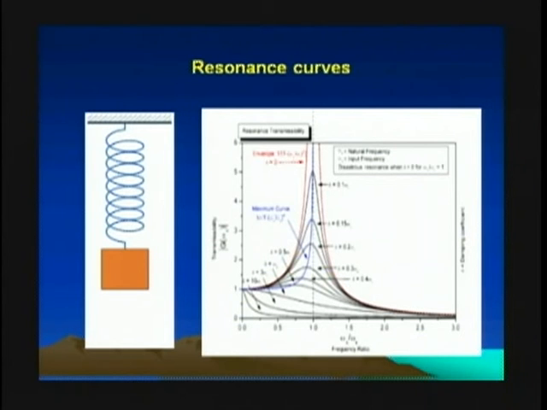And in this case, you have very low amplitudes. Now, the worst situation, and that's why it's called a resonance curve, is when the frequency of excitation and the frequency of natural vibrations are close.